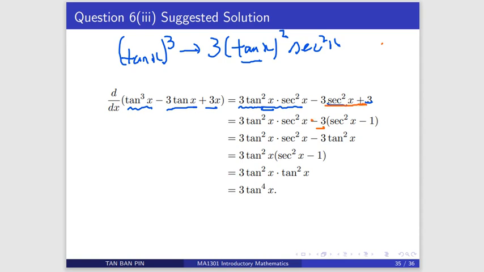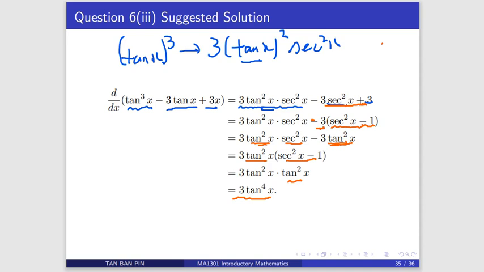You factorize out 3 with a minus sign, so plus 3 becomes minus 1. Sec squared x minus 1 is tan squared x. And then tan squared and tan squared, you can take out the common factor tan squared. Then you are left with sec squared minus 1, which you can change to tan squared again. So it's 3 tan to the power 4 x.